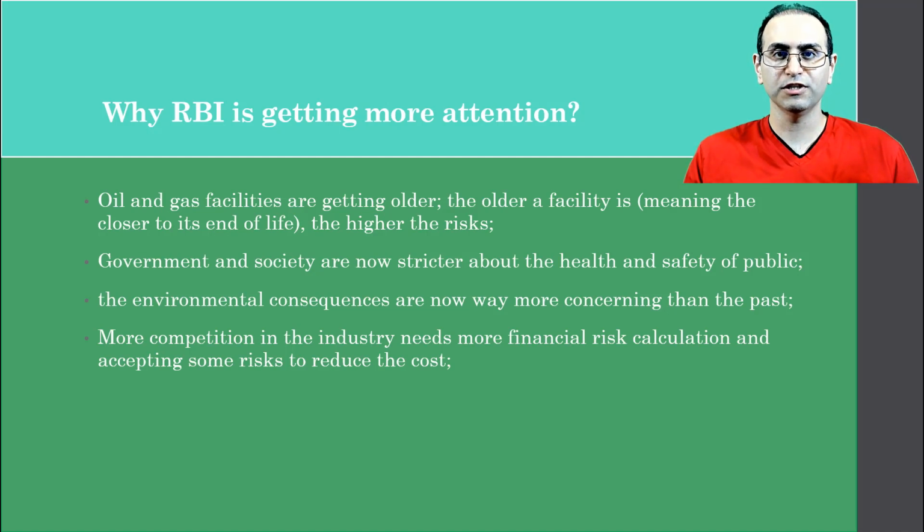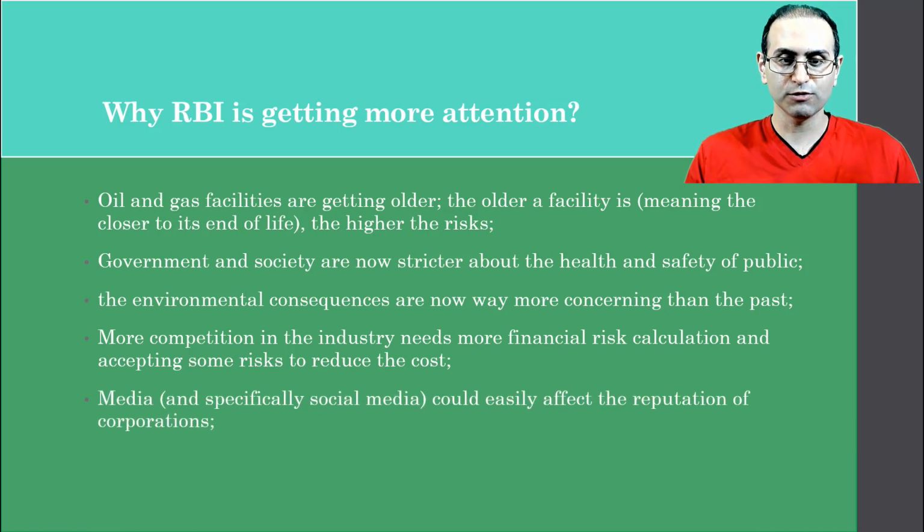So the competition is actually way more than before. If you can save money these days, you obviously have more chance to win the competition, because you have less cost, and with the same revenue you can win the game. So obviously, less risk and less inspection means less cost, and more competition.